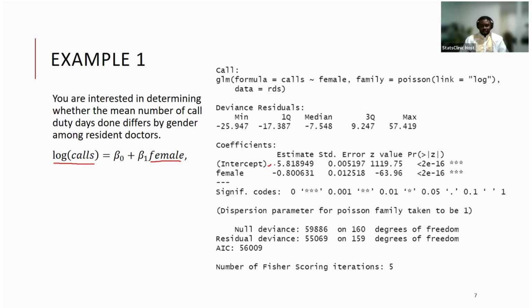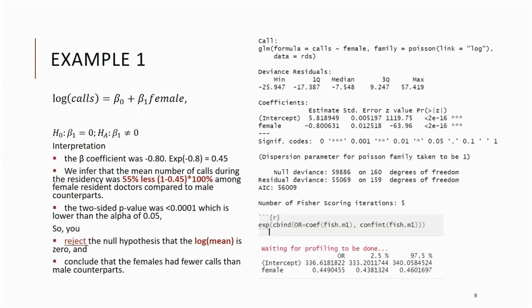Male resident doctors had the exponent of 5.8 calls during the residency. We're talking about an average. But when you compare that to females, females had the exponent of negative 0.80 fold. All right, so let's stop talking a little abstract. We've done this here.